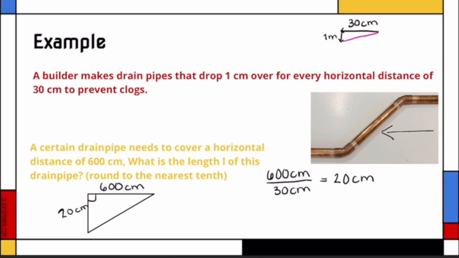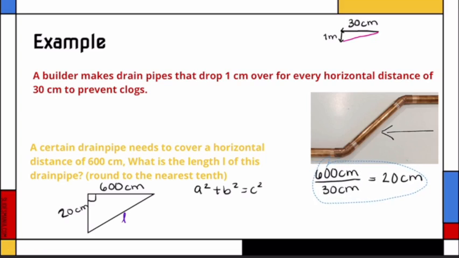So now we're going to figure out how long that drain pipe needs to be. We're figuring out L over here, or C. And yet again, go ahead and use Pythagorean theorem and plug everything in. So we have A and B, and we're trying to solve for C.